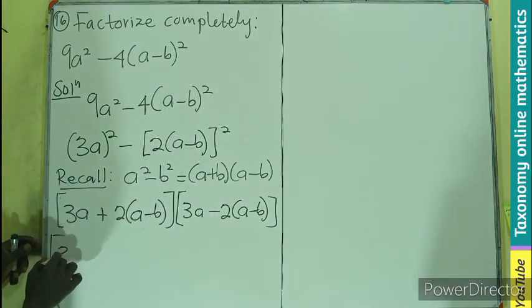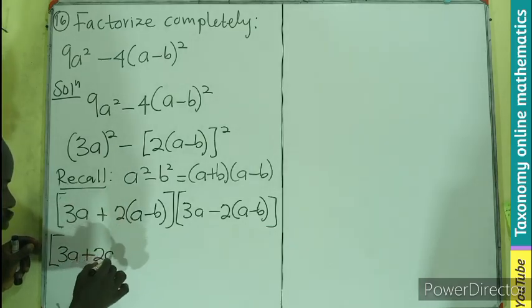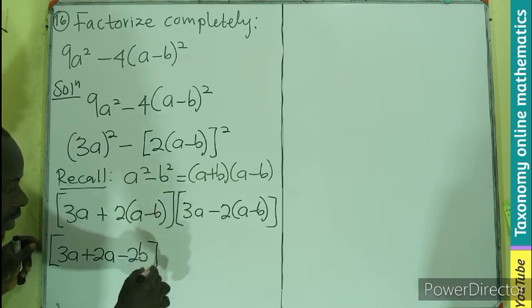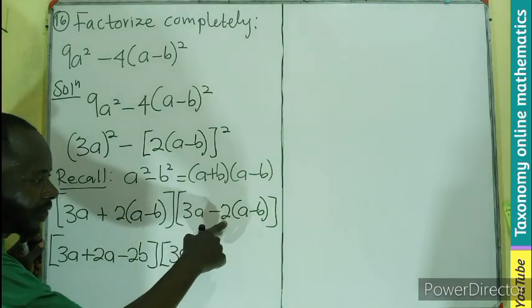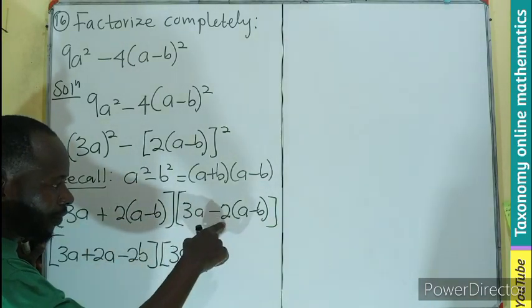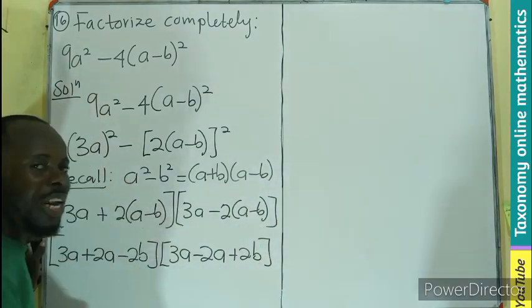So inside the first bracket, I'll have 2 times a, 2a. 2 times minus b, minus 2b. Let's expand here as well. Minus 2 times a, minus 2a, minus 2 times minus b, plus 2b in there.